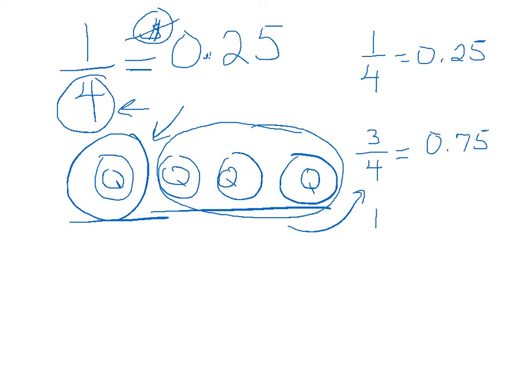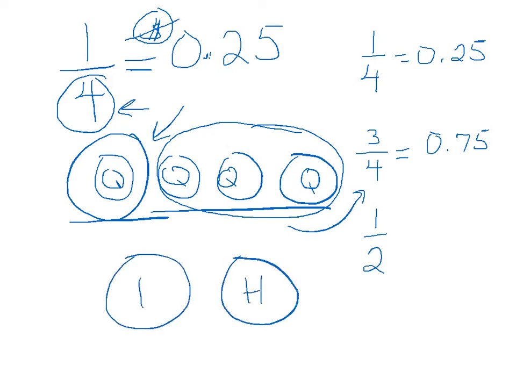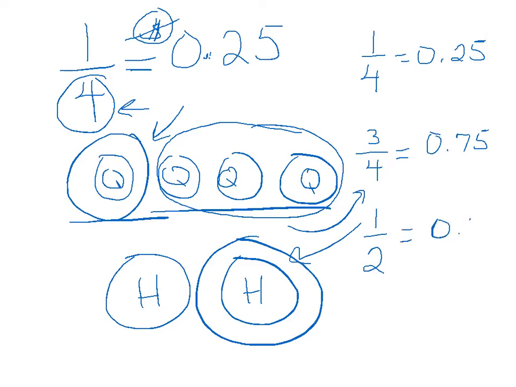Also, we could have 1/2. Let's pretend like these are half dollars. If I had 1 out of 2, or 1/2, I would have 50 cents, or 0.5. It's also acceptable to write 0.50. Either one is the same.